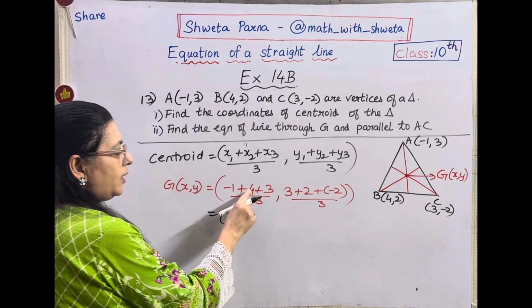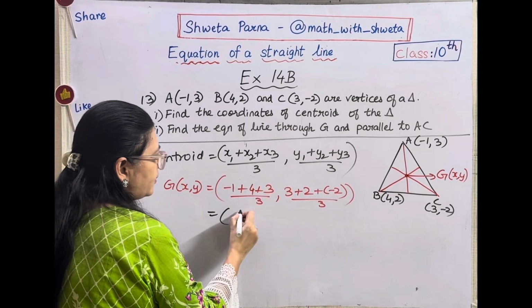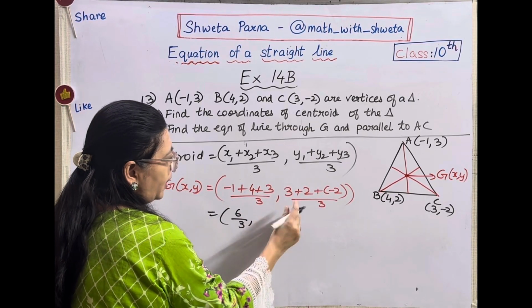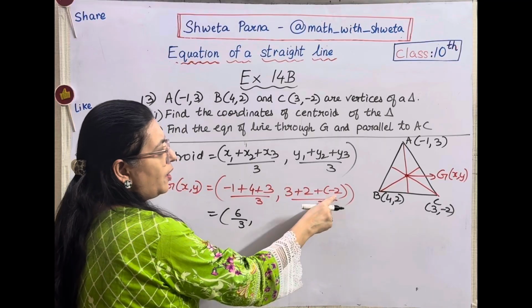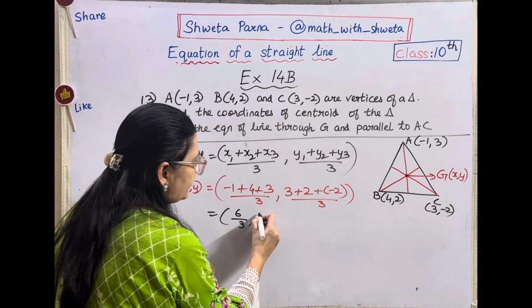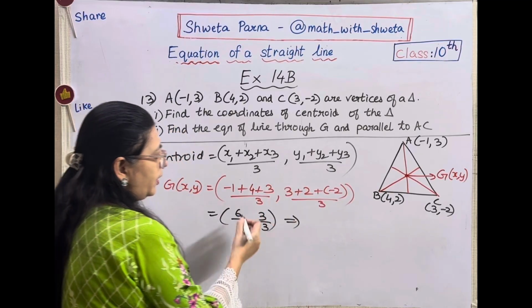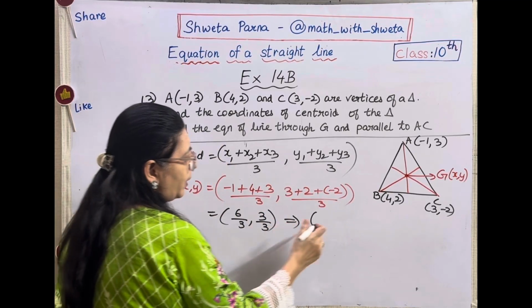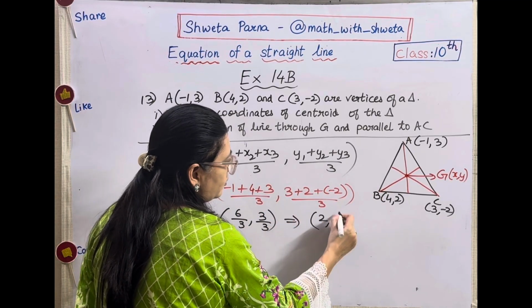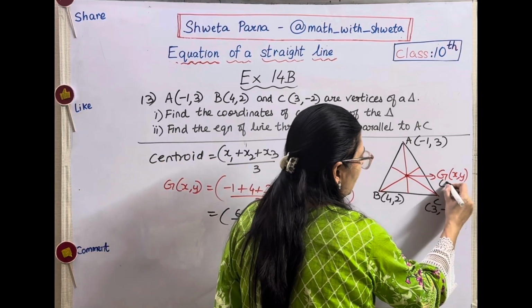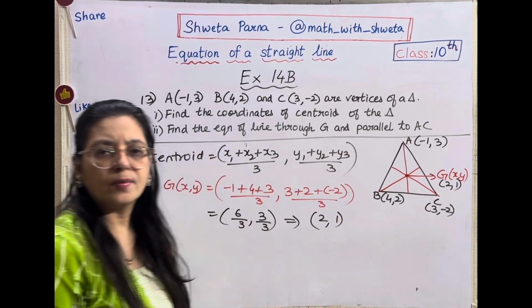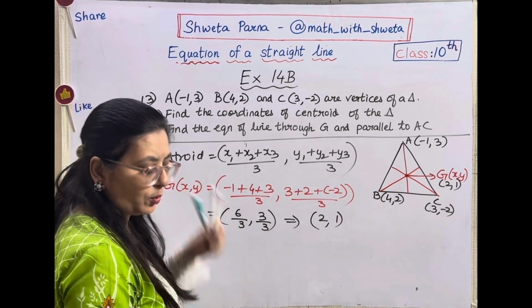It is 3. 3 plus 3, 6. 6 upon 3, and 3 plus 2, 5. 5 minus 2 is 3. So what are the coordinates? 6 divided by 3 is 2 and this is 1. So here you will get 2 and 1. Okay, this is the first sub question.